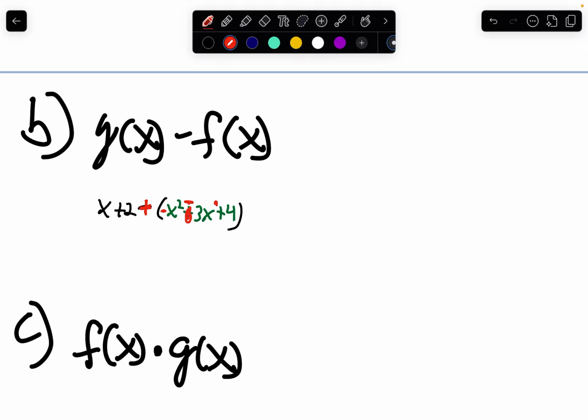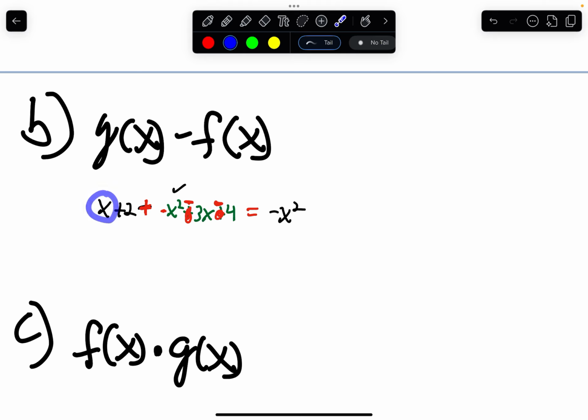And you have, let's see, we don't even need this now. We don't even need the parentheses because we took care of the negative. We have combining terms. We get the negative x squared. That's the highest power. That's this one. We have x minus 3x is negative 2x.